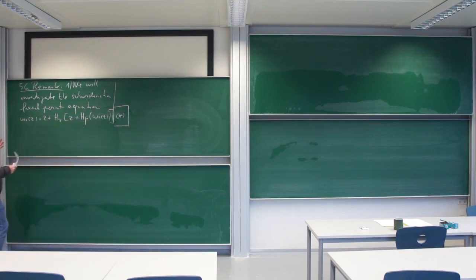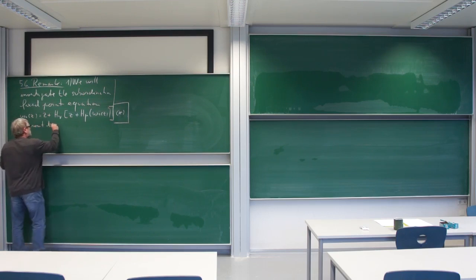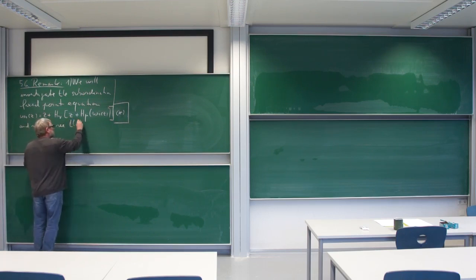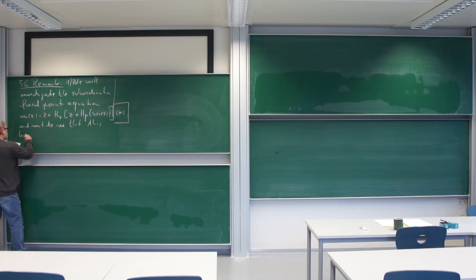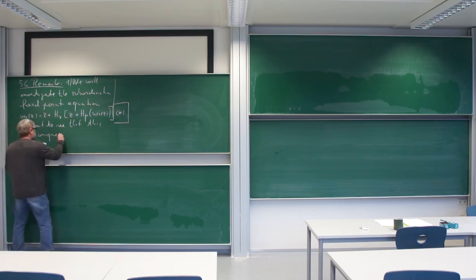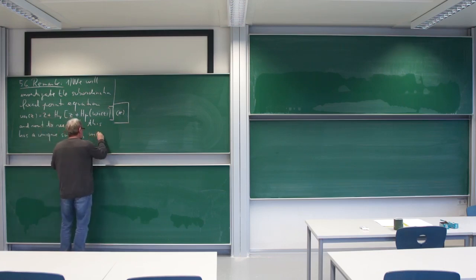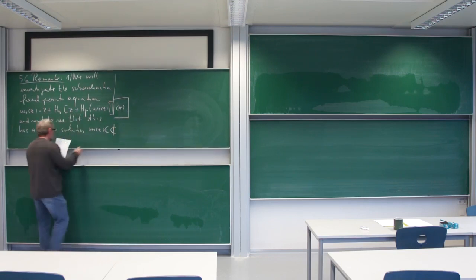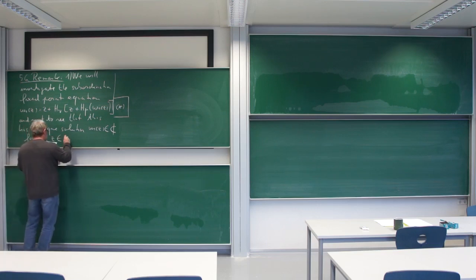And what we want to see is that actually for each z in the upper half plane, there's a unique solution of this equation, omega 1 of z, which also has a value in the upper half plane. So what we want to see is that this equation has a unique solution in the upper half plane for any argument z in the upper half plane.